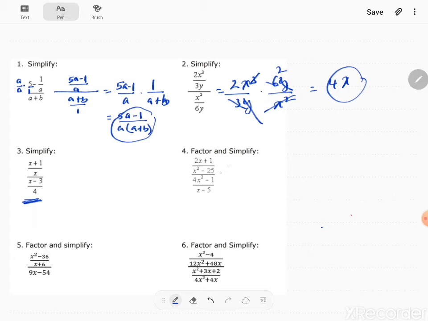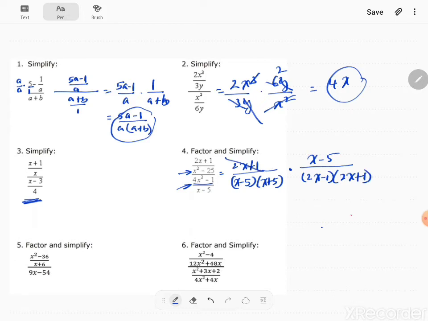Now you have to actually factor, right? So 2x plus 1, and the denominator, if you remember, that is a classic expression of difference of squares. So it is x minus 5 times x plus 5 times, flip the bottom, and as I go with this, you can observe that 4x squared minus 1 is again difference of squares with 2x minus 1 and 2x plus 1.